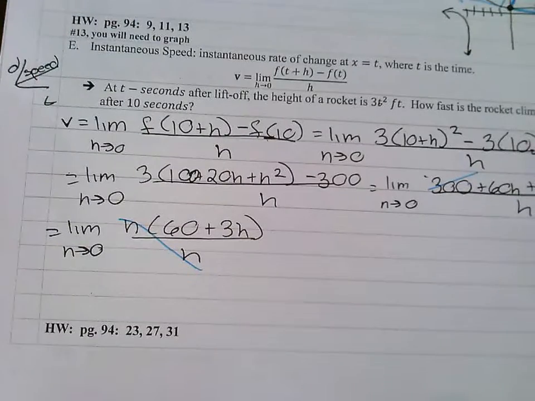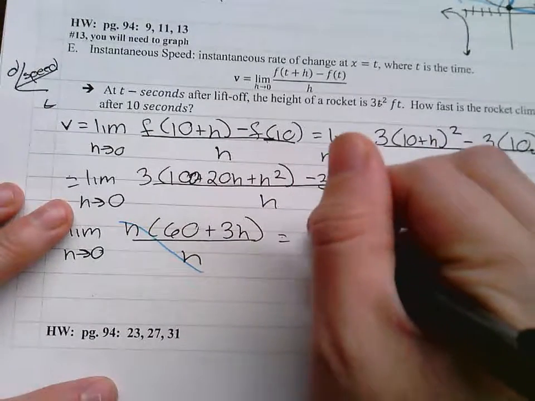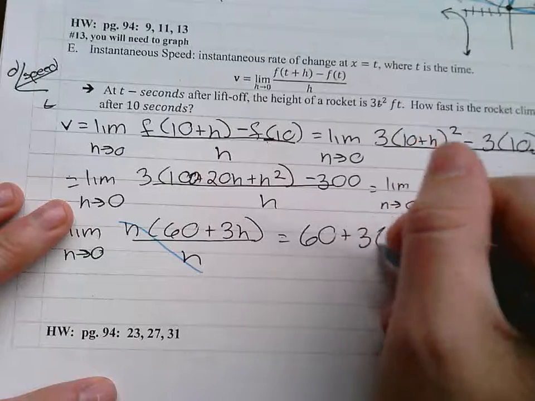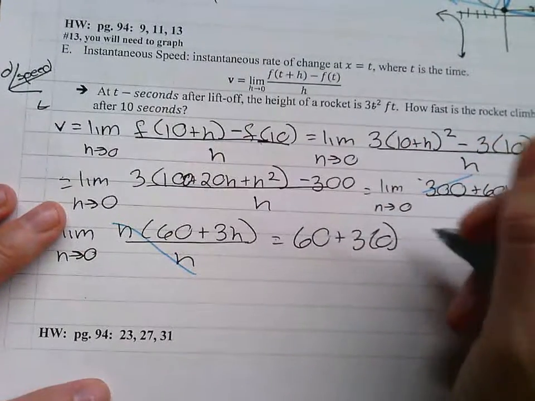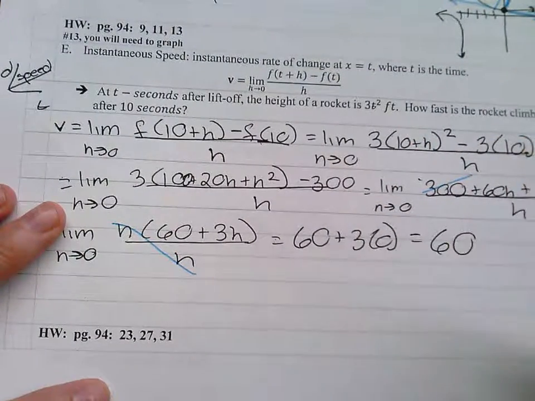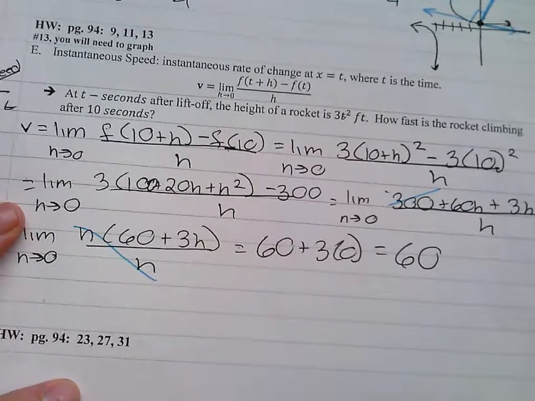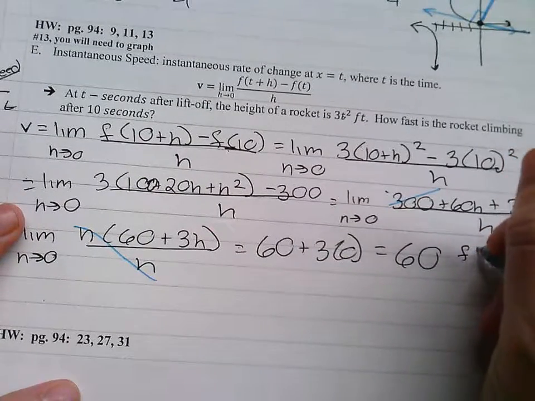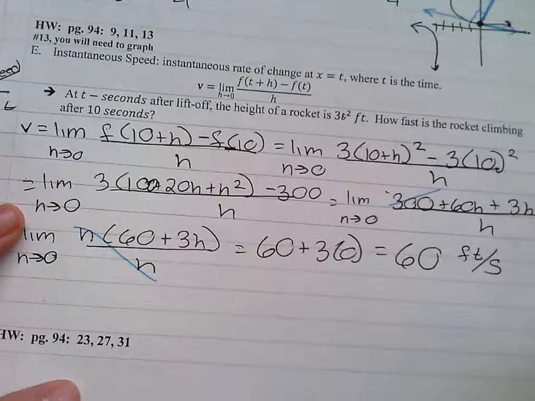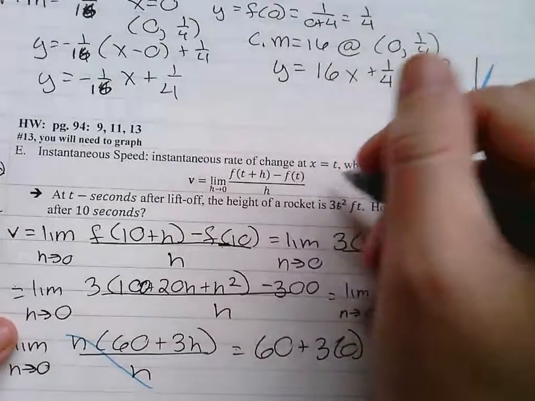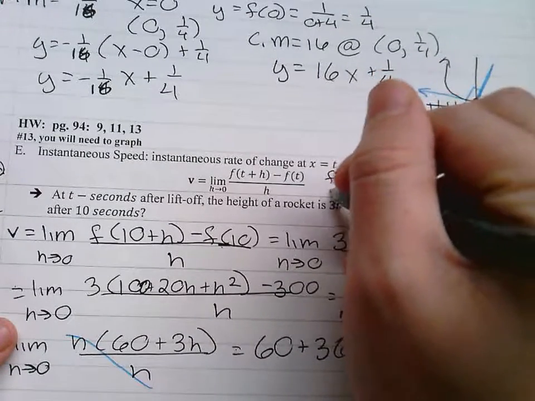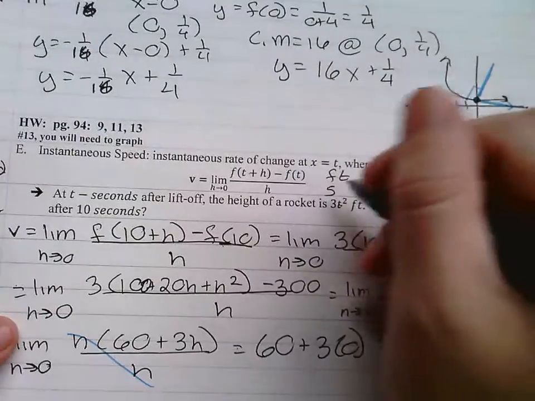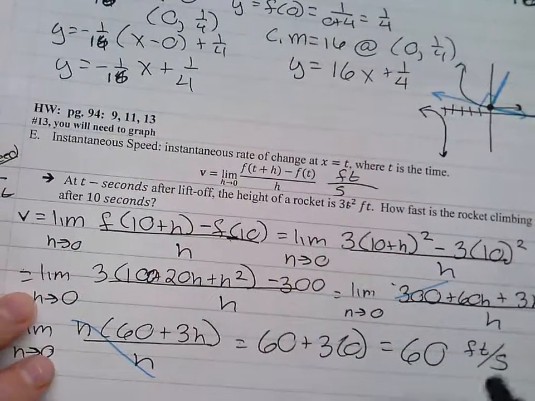So now all you have to do is plug in 0 for h, which is 60. And it's going to be feet per second. Okay? So remember, this is feet, this is seconds. Feet per second. Okay?